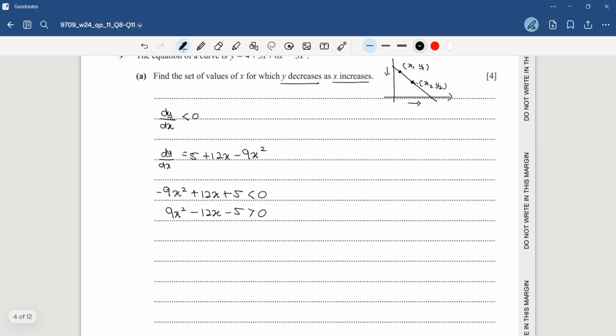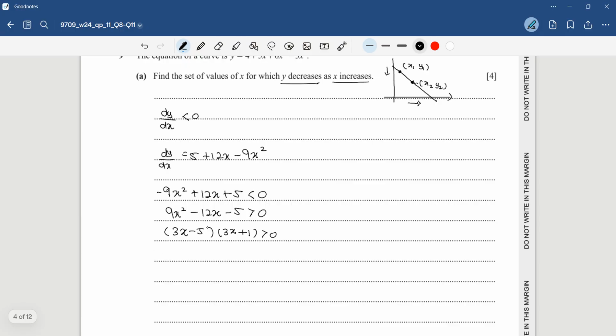Okay. So when you factorize this, it will be 3x minus 5, 3x plus 1 more than 0.